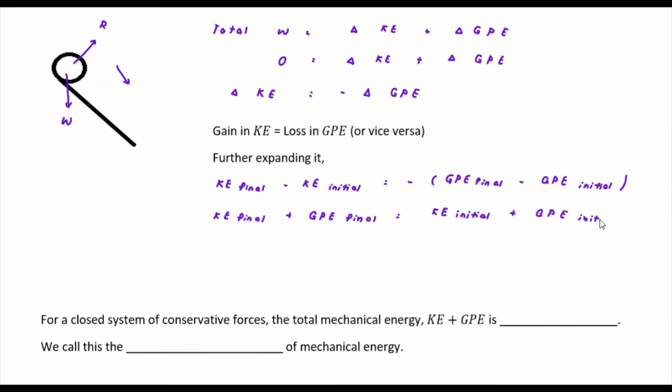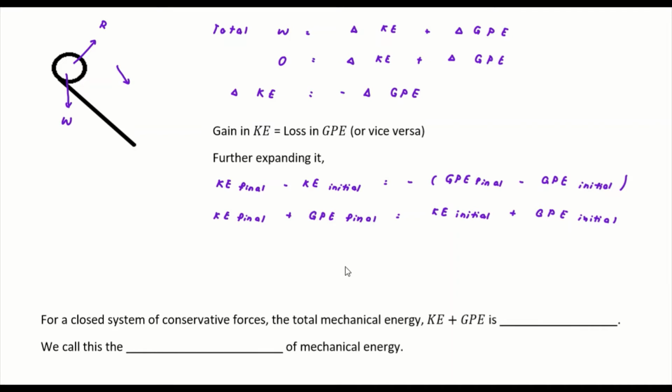Okay. So from what we can see here, it tells us that the kinetic energy in the final stage plus the gravitational potential energy in the final stage is going to be equal to the kinetic energy in the initial stage plus the gravitational potential energy in the initial stage. When we try to understand it, we know that mechanical energy consists of both kinetic energy and gravitational potential energy, right?